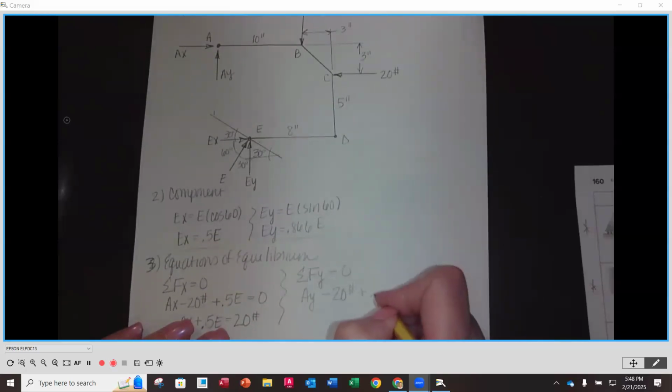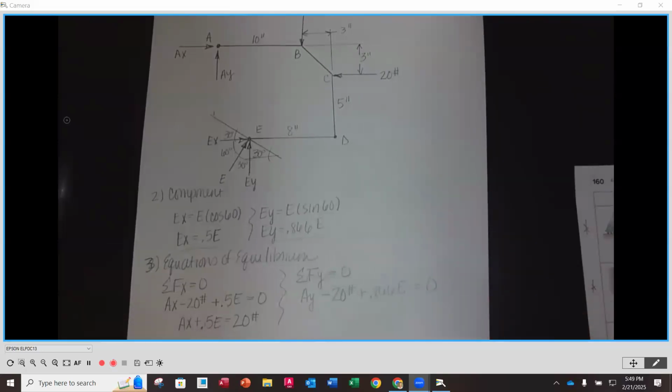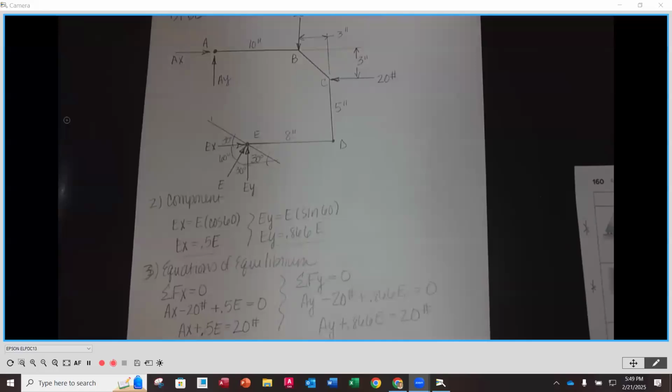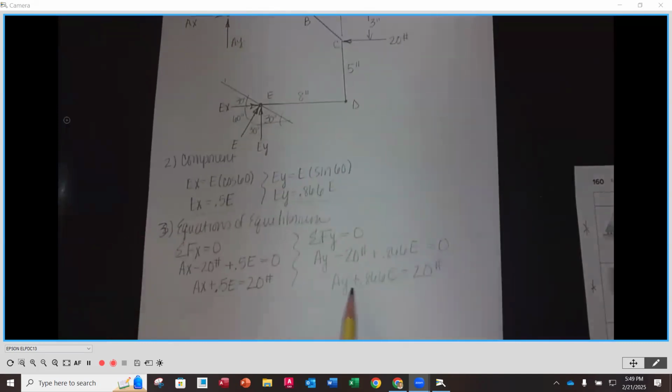So that's going to be 0.866 E, is equal to 0. So now I'm just going to take my 20 and put it on the other side here as well. I'm going to have AY plus 0.866 E is equal to 20 pounds. Okay. Now, I still have two unknowns in this one, so I'm going to use my moment equation.